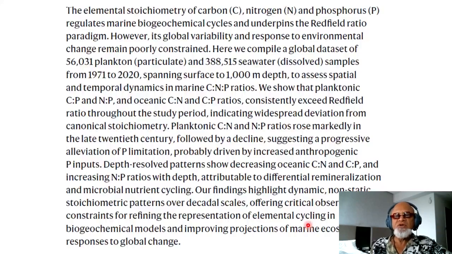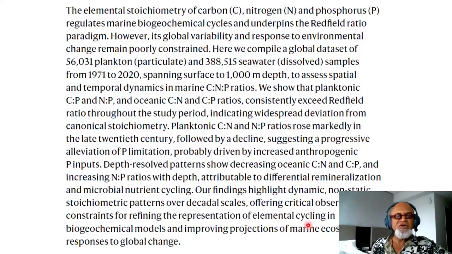Here we compile a global data set of 56,031 plankton or particulate matter samples, collected by various ways, nets and sediment traps and so on, and 388,515 seawater samples for dissolved measurements, from 1971 to 2020, spanning surface to 1,000 meter depth, to assess spatial and temporal dynamics in marine C to N to P ratios.